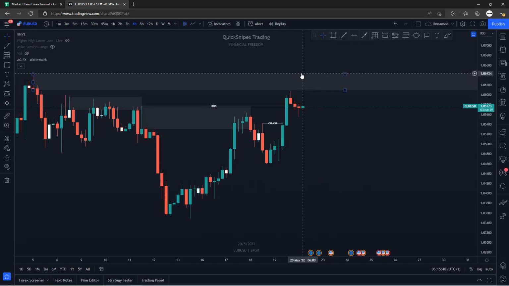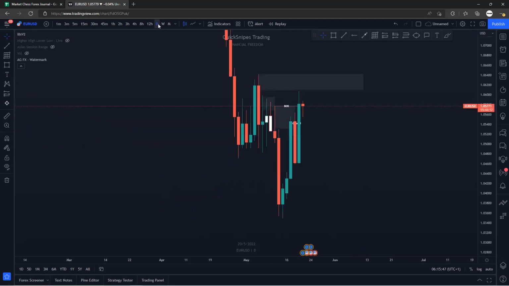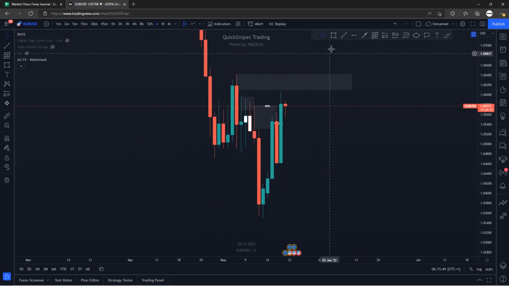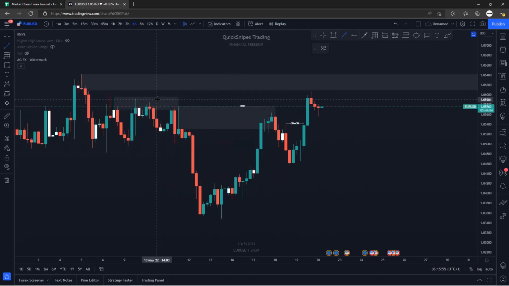That would be a really nice zone to play potential sells off of. And then, of course, the daily change of character is visible. I believe you can see it clearly on the 4-hour, but the daily change of character is visible over here.